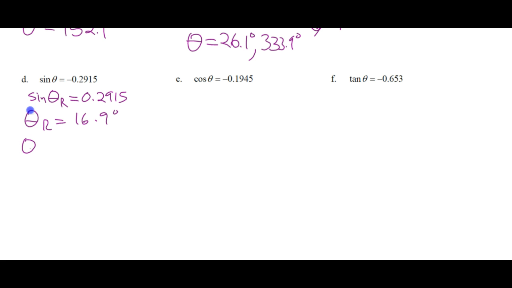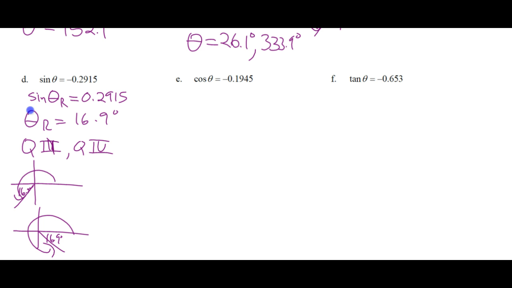Now, sine is negative in quadrant 3 and quadrant 4. Quadrant 3, I got a 16.9 degree. In quadrant 4, that's pretty, I know, eh? Sketches are for informational purposes only and may not represent actual angles. That's my best disclaimer voice.